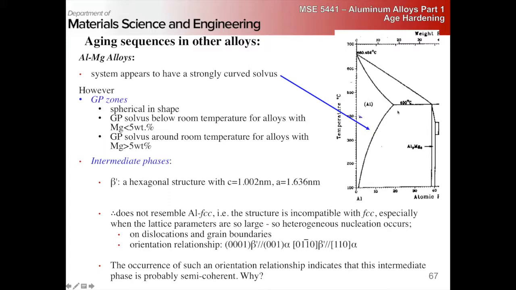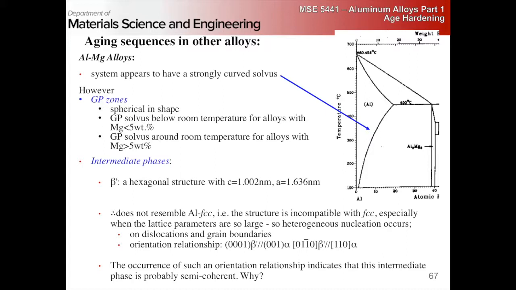Right? So on the surface, aluminum magnesium looks like it would be perfect. It has that strongly curved solvus. The GP zones, though, are spherical in shape. Right? I think the last thing we talked about on Monday was that the lattice parameter for aluminum and magnesium were much closer, right?